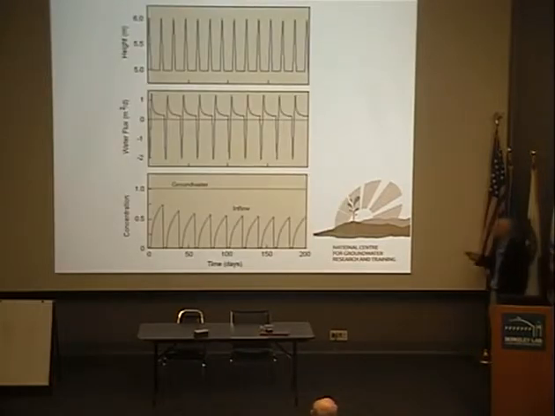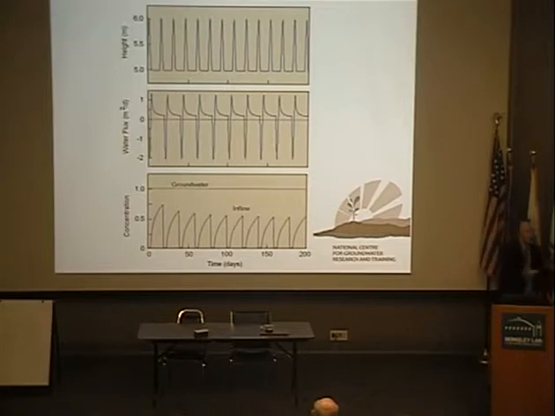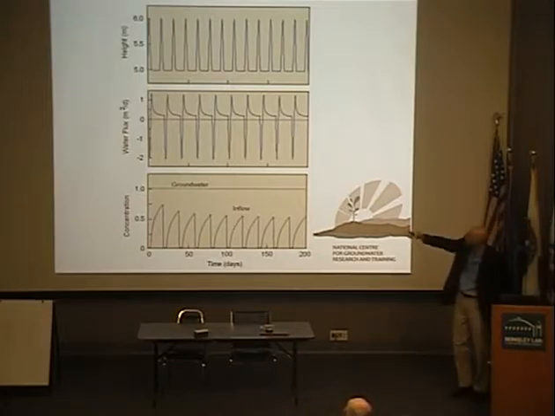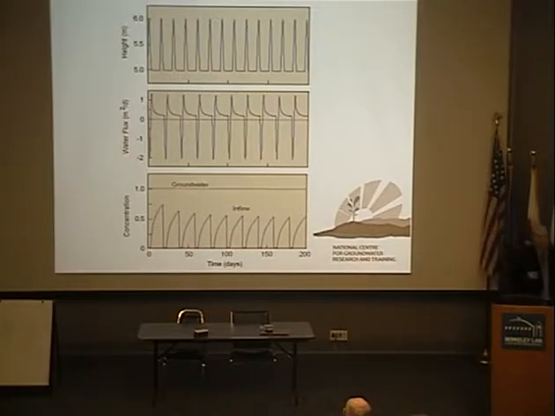This is just another simulation where every 20 days we put another wave down the river to simulate continual rainfall events and flow events on the stream. These are the fluxes that result, water moving in and out of the bank, into the bank, out of the bank. And this is the concentration of water that's discharging to the river.